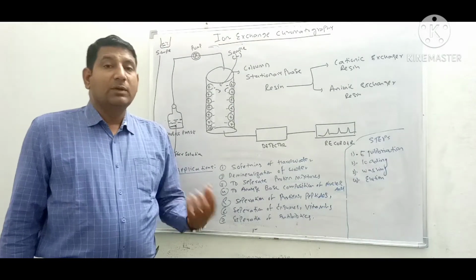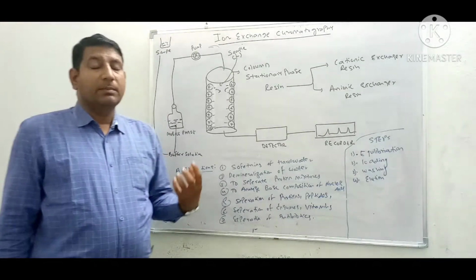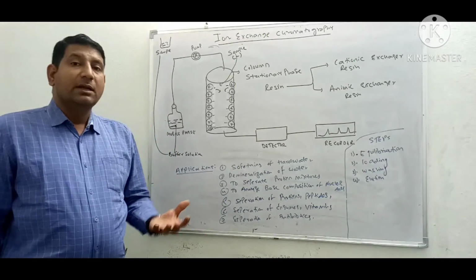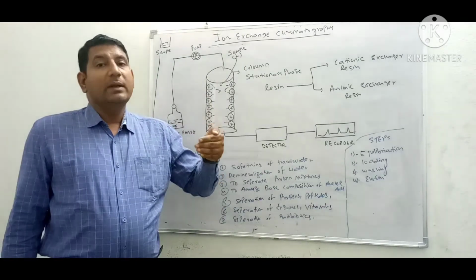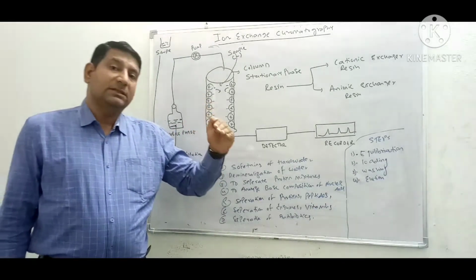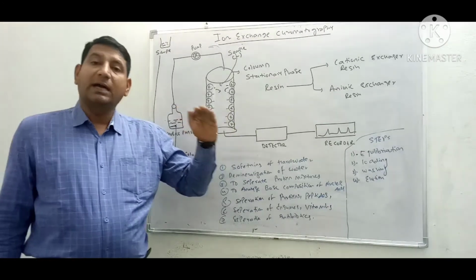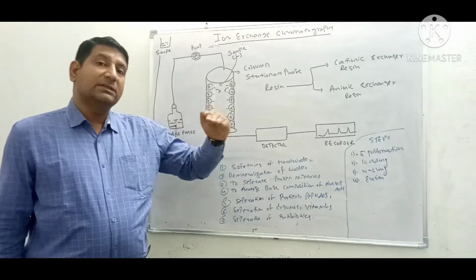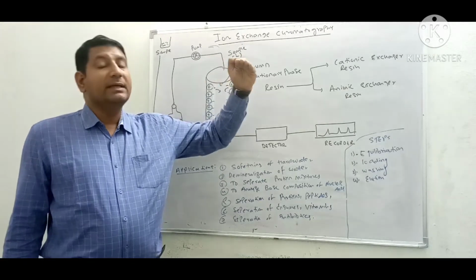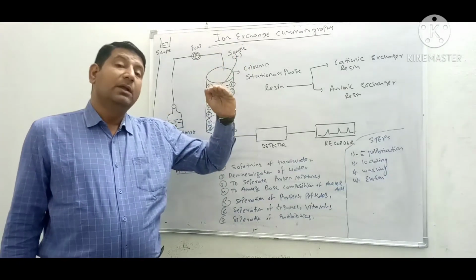What do we mean by counter ions and fixed charged ions? On the solid support matrix, there are some covalently bonded positive ions. These are the fixed positively charged cations, and to them negatively charged counter ions are attached by ionic bonds.